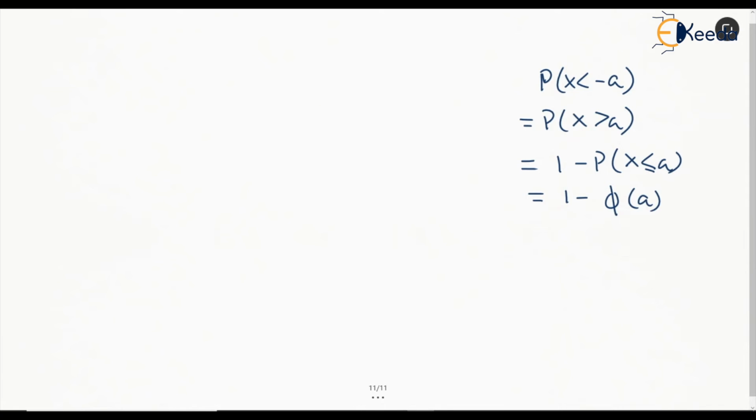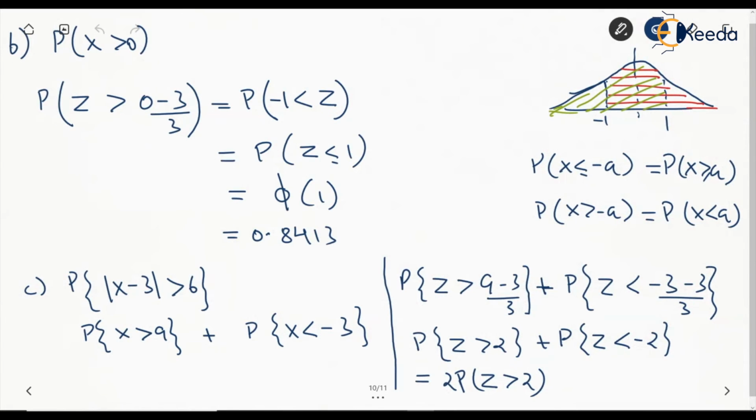These are all same value. Then in that case, p of z less than minus 2 is same as p greater than 2. So this is 2 times p of z greater than 2.